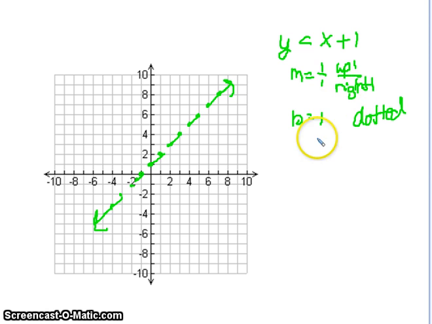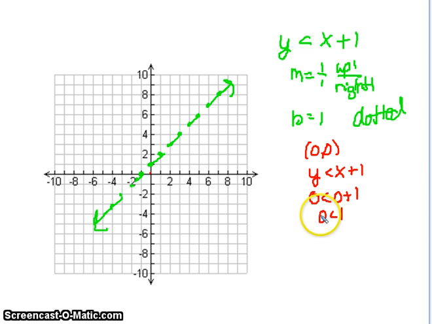I have to decide whether we are going to shade 0, 0, which is definitely down here underneath. So I rewrite my inequality, and that is going to be 0 is less than 0 plus 1, which we agree with.